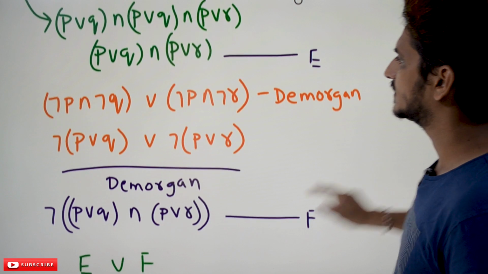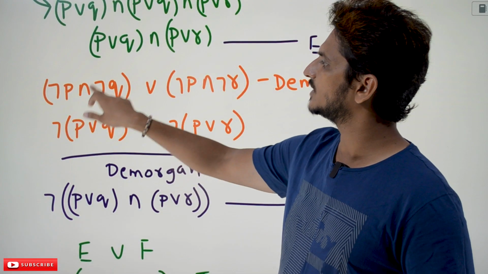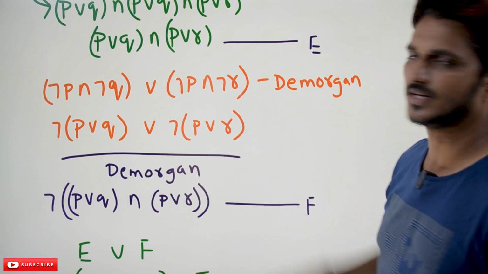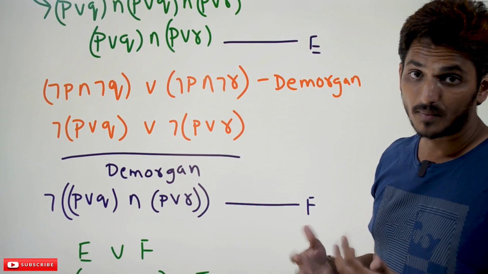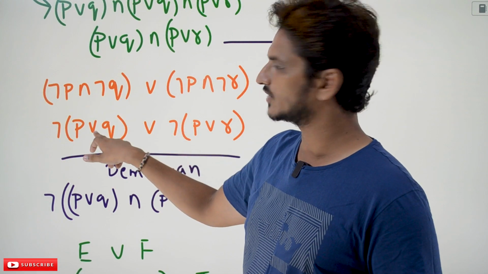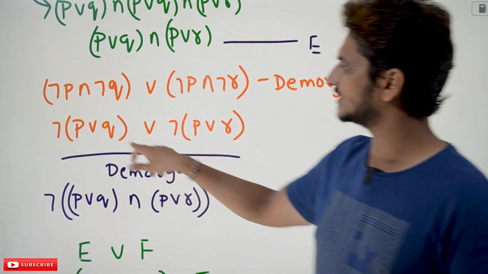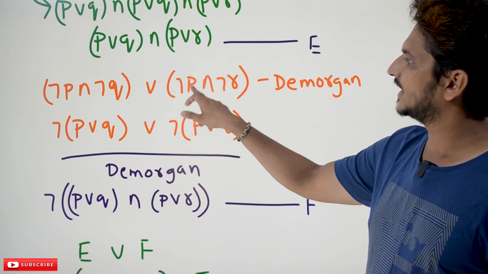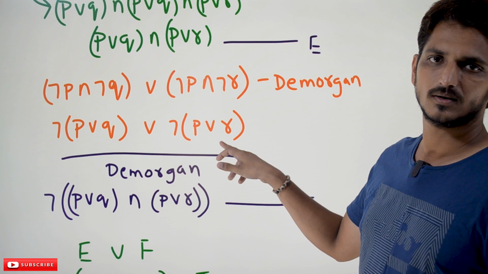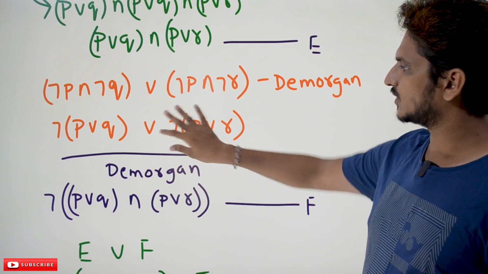So if you take the third equation, this is the third equation: negation P conjunction negation Q, disjunction negation P conjunction negation R. So by applying De Morgan's law, take the negation outside. This conjunction is going to convert to disjunction: negation of P disjunction Q, disjunction, negation outside, P disjunction R. So this is what we got.